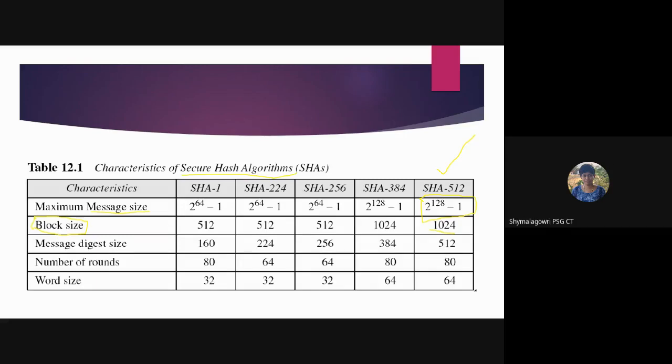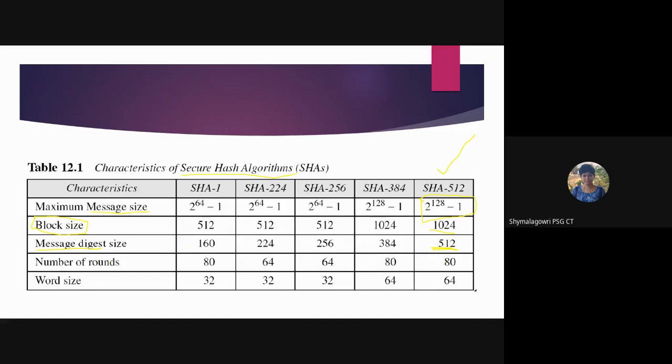The output that we are going to generate, the hash code, is also known as the message digest, which we have discussed. The size of the message digest is going to be 512 bits. The number of rounds used here is 80.